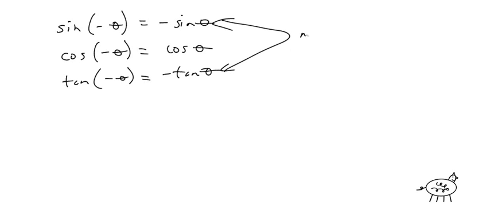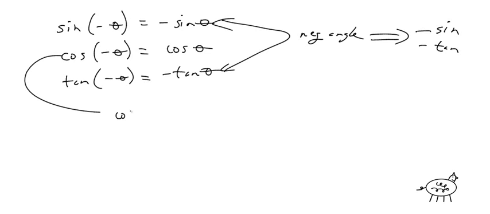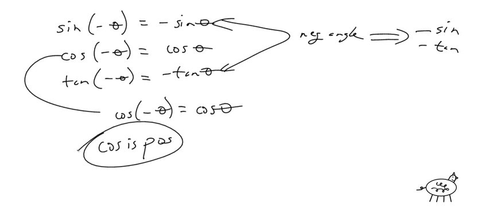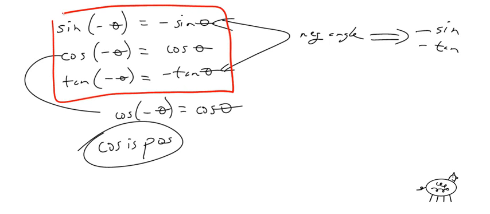So if it's a negative angle, then it's a negative sine or negative tangent. This one stays positive, so cosine of a negative angle maintains its positive. So the way I have you remember that, I always say cos is pos. Cos is pos. It's a great cheer. Cos is pos. Okay. Anyway, those are our identities. Those are our negative angle identities. These four right here, negative angle identities.